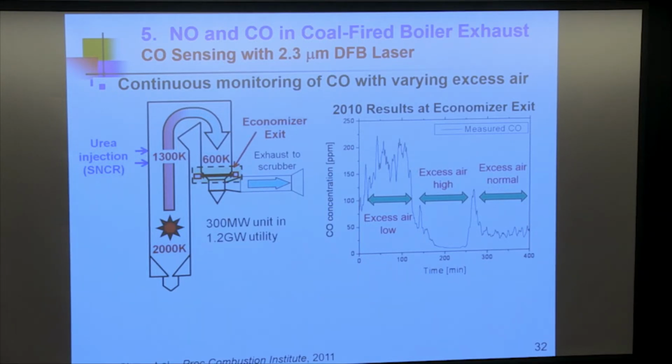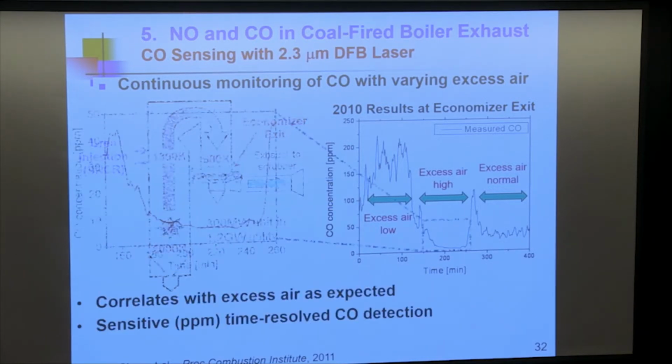They could use this to characterize the method they're using for adding air. You can see right here, when you have excess air, you can drive the CO down. We're detecting about 8, 9, 10 parts per million. Of course, the timescales are so long, you can do some averaging if you need to. It correlates with the excess air as expected.